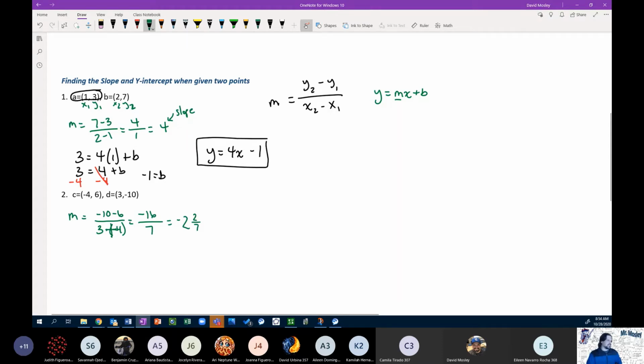The fraction itself is a little more useful as far as graphing is concerned. We can also just write it as the decimal in this case as well, negative 2.29.